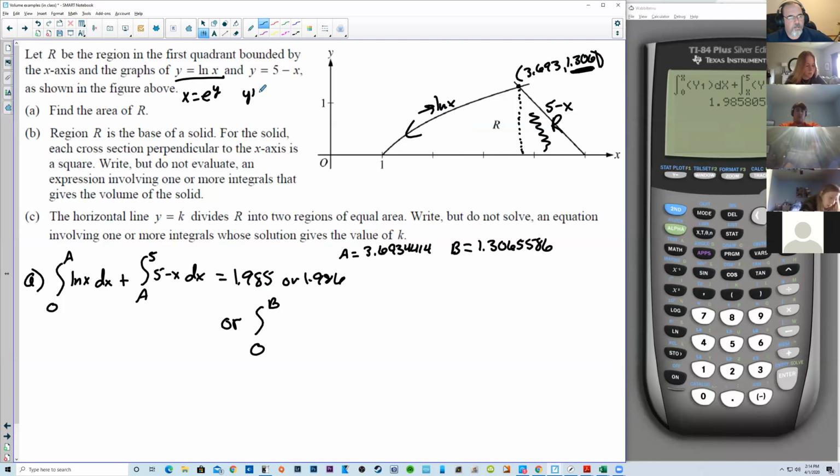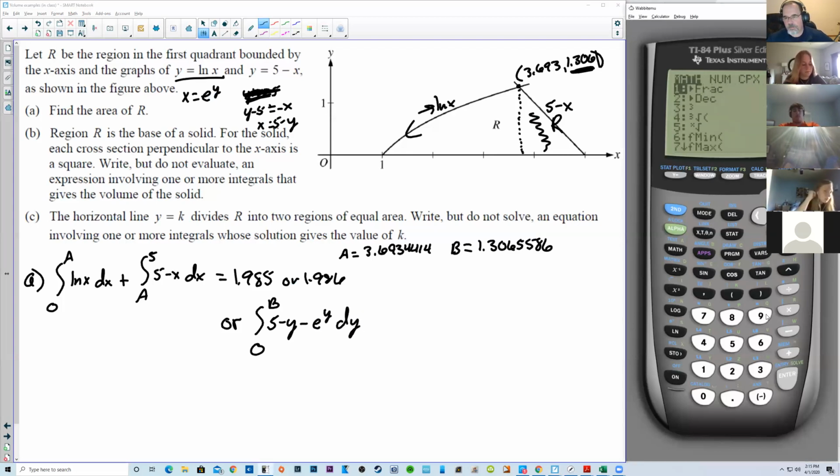So y plus x is equal to 5. y minus 5 is equal to negative x. x is equal to 5 minus y. So the right curve is now 5 minus y, and the left curve is e to the y. So minus e to the y dy.